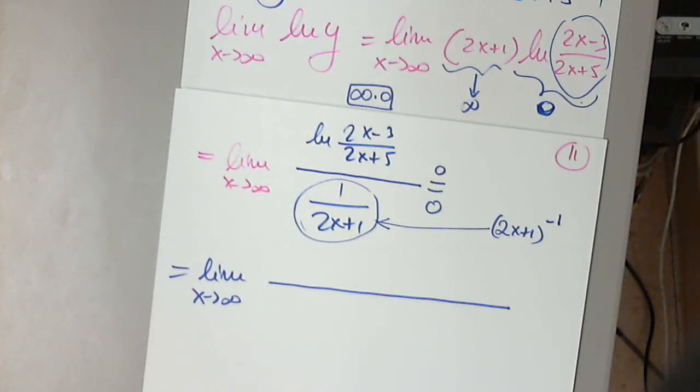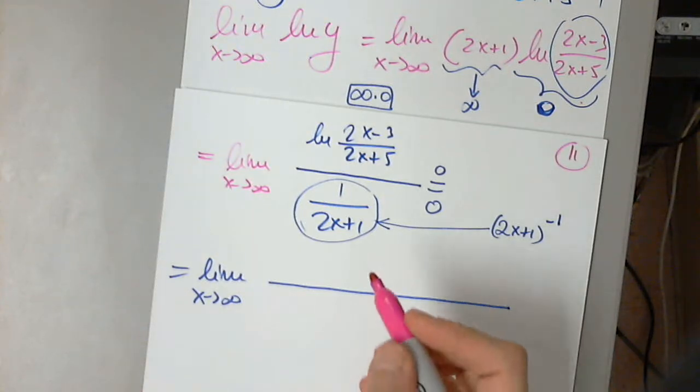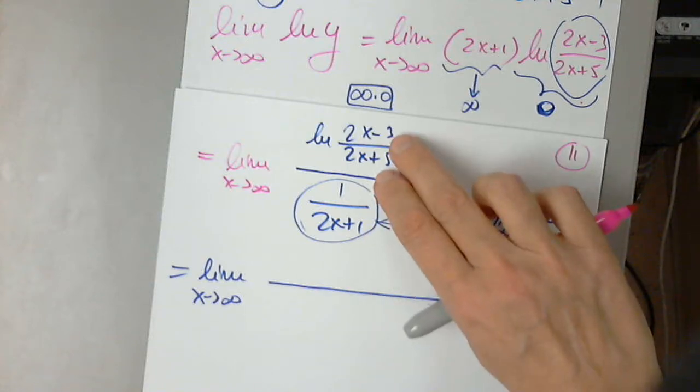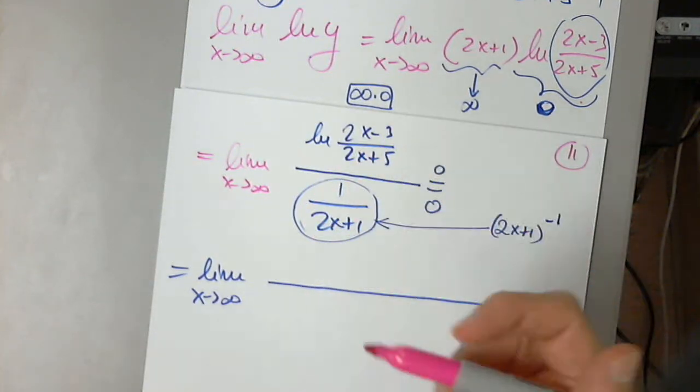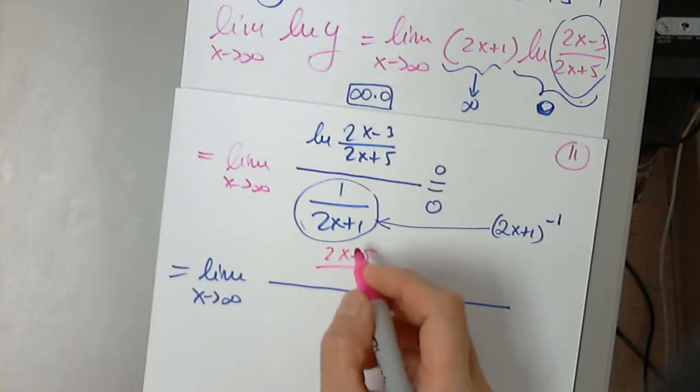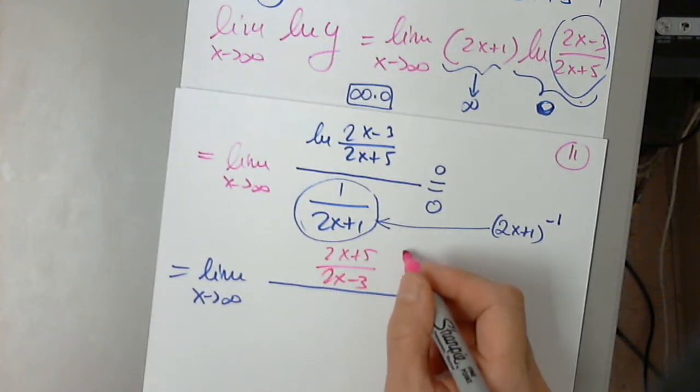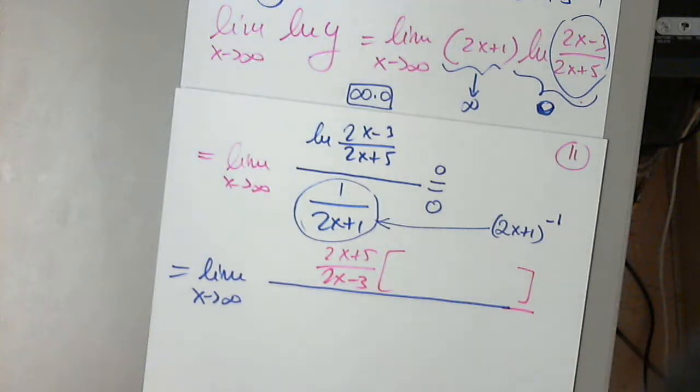When we differentiate the top, what do we get? 1 over this, 2x plus 5 over 2x minus 3. And now it's a mess, but I have no choice. So it's 1 over that, and now I have to differentiate this using the quotient rule.